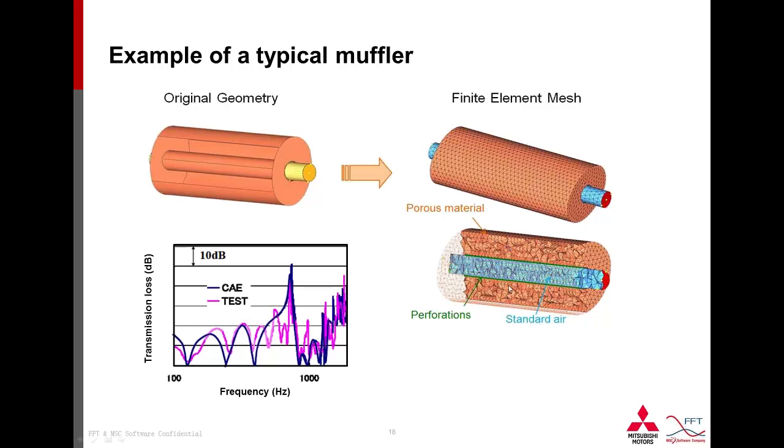Okay, and we calculate the sound transmission loss through this muffler and compare with the measurement, and we see that very good correlation was obtained between test and simulation. And typically at lower frequencies, we see this periodical behavior. This means that we are in the plane wave region. So the acoustic wave propagation is in the form of plane waves.